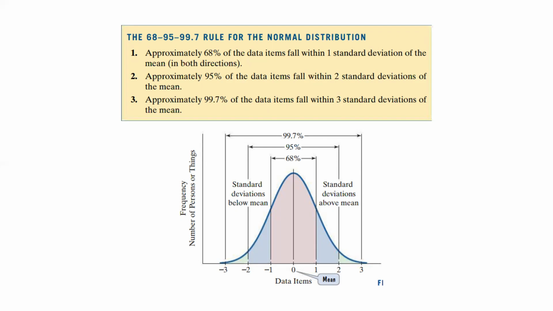And so if I were to pick a point randomly, there is a 68% chance that it will fall in that red region. To give that a little bit of context, let's say we were going back to the height of men, and let's say the average was, I don't know, 60 inches.